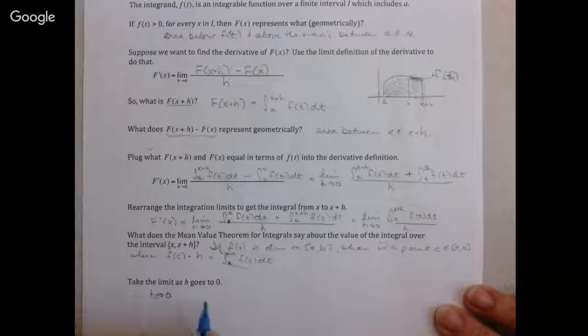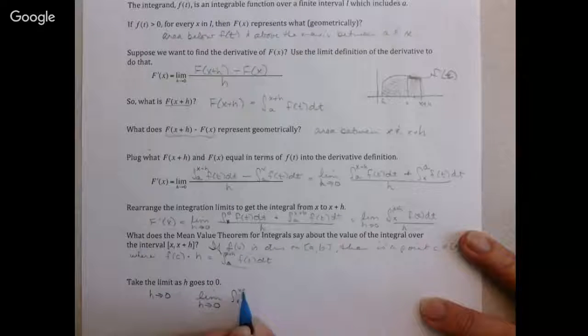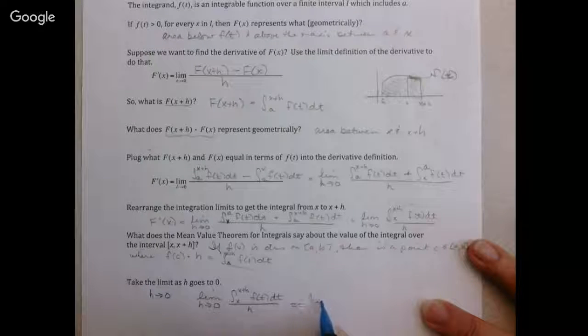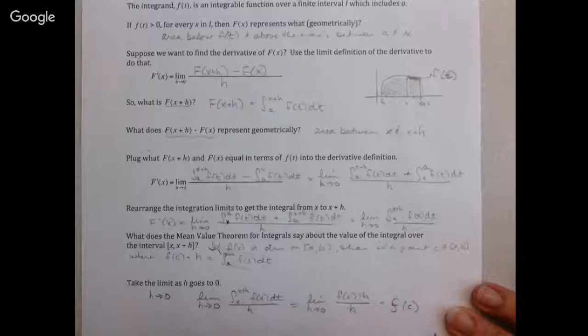So as h goes to 0, the limit of the integral from x to x plus h of f of t dt, in place of that we're going to put f of c times h, because of the mean value theorem for integrals, over h. Those h's cancel, and we get f of c.